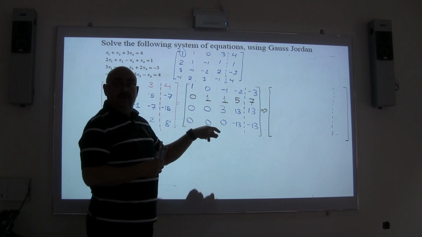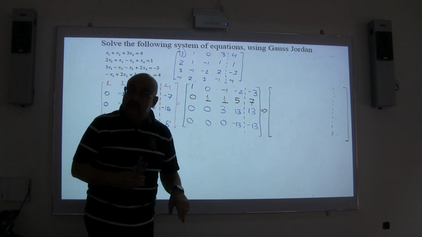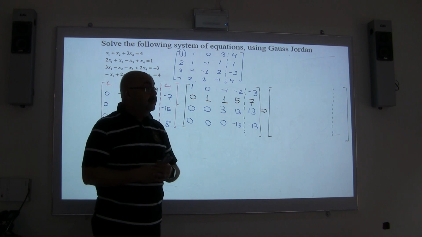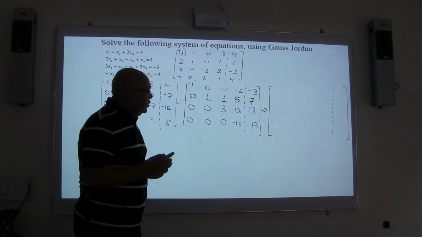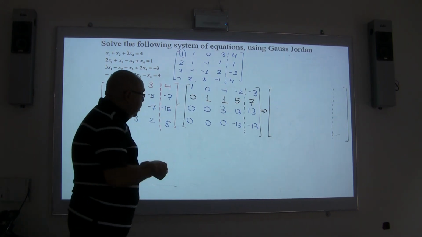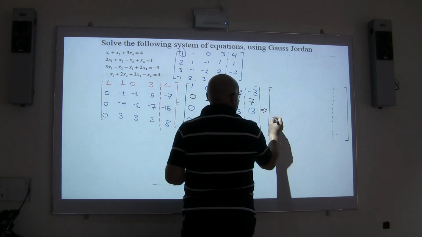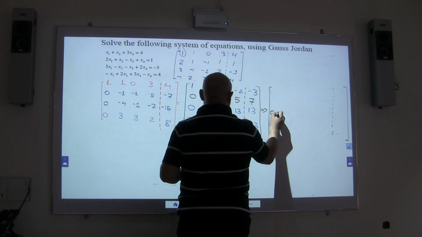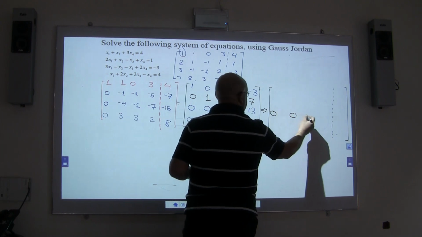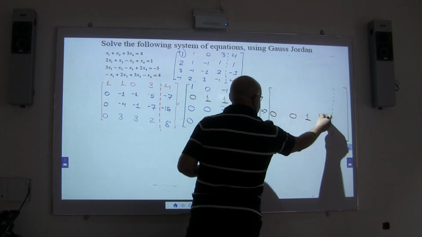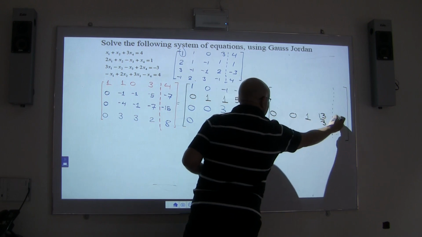Can we multiply by 1 over 3? Actually, I'm obliged to do this, so I'm going to multiply by 1 over 3. So this row will change to be 0, 0, 0, 0, 1, 13 over 3.